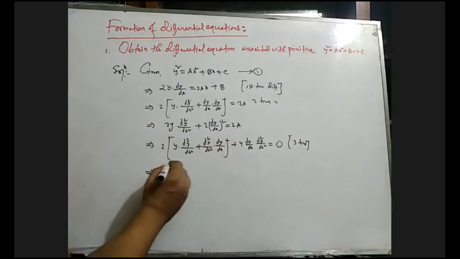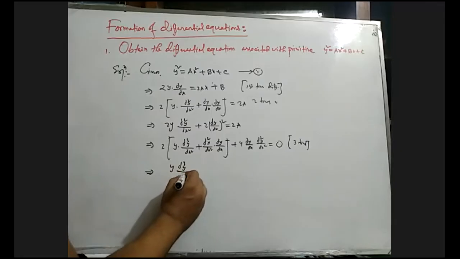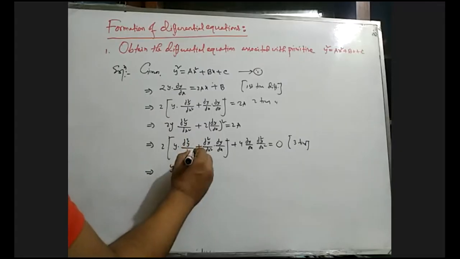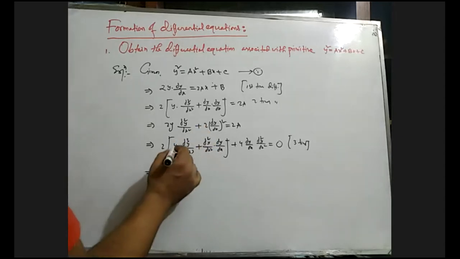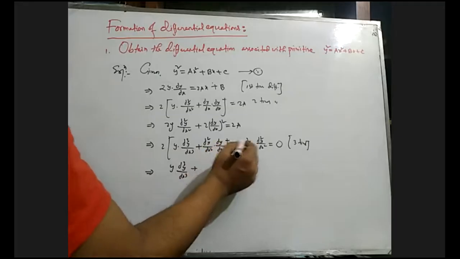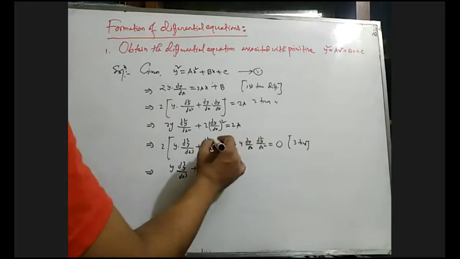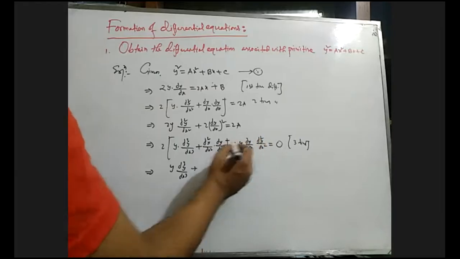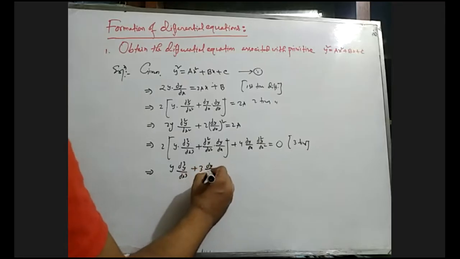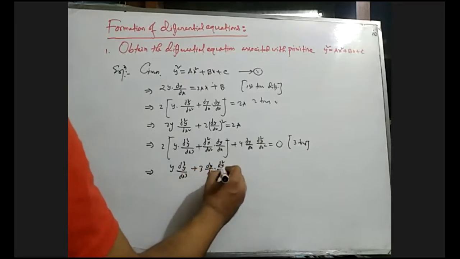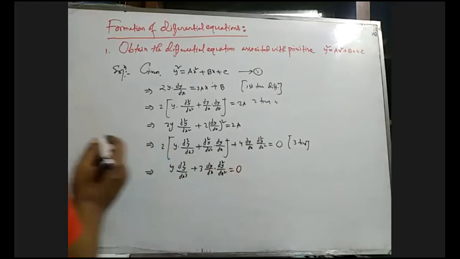After simplifying, dividing by 2 on both sides, we get y d cube y/dx cube plus 3 dy/dx into d square y/dx square equals 0.